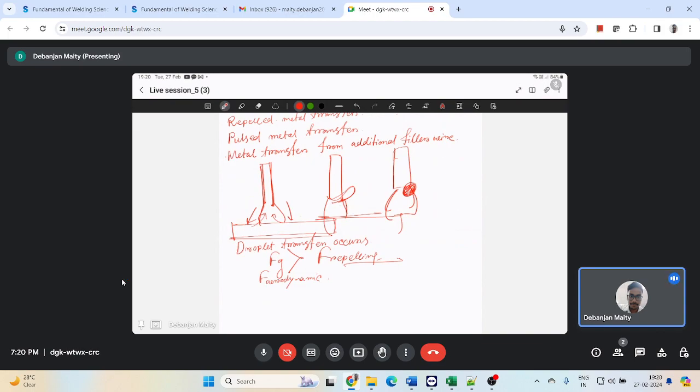As you know, in pulse transfer you will have that peak current and some amount of background current, right? You can control the deposition rate in terms of these pulses, and during the interval between those pulses you have to have that low background current that will help you maintain the arc and keep the wire tip molten, but there will be no metal transfer, right?